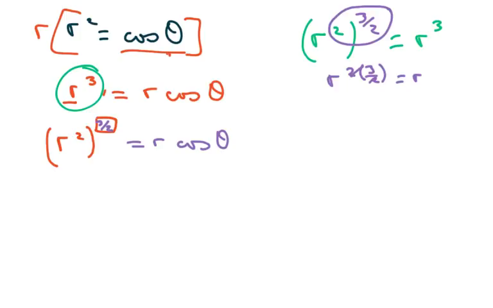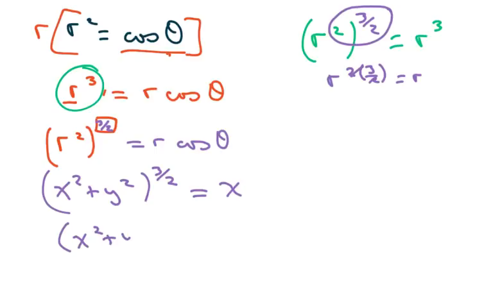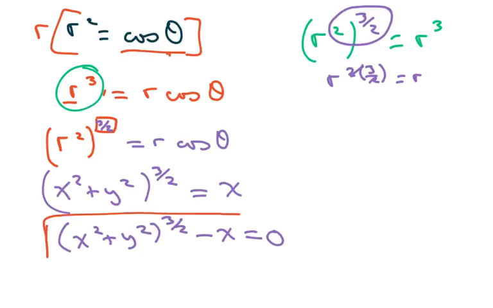Because I'm trying to rewrite these in terms of r and x. So basically, now I know r squared is x squared plus y squared, and I have the 3/2 equals x. And so all I'm going to do now is move this over: minus x equals 0. There's not much I can do with this at this point, so you can leave it, and this is how I would leave it.